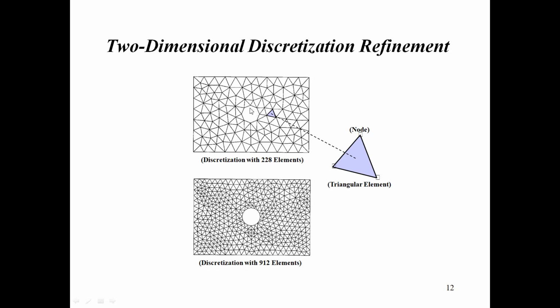With the help of 228 elements, you cannot find the correct solution over that edge surface. So if you refine that body, you will see the exact circular portion over that plate, and also you can easily find the stress concentration over that minimum area. Okay, so the refinement indicates the discretization with 912 elements. It will give a better solution than the 228 elements.